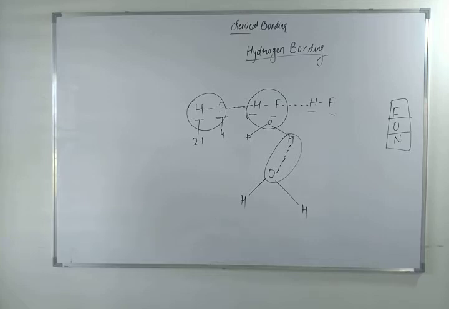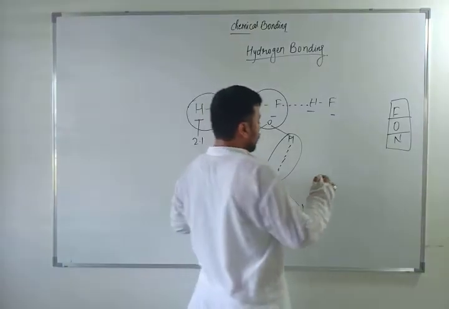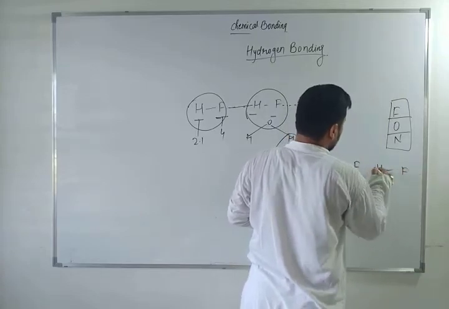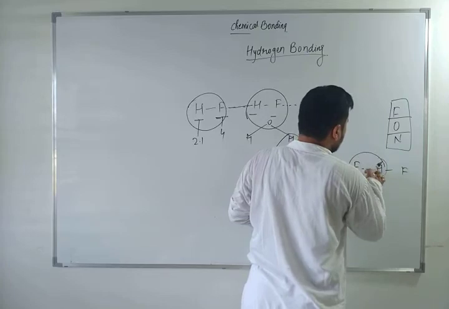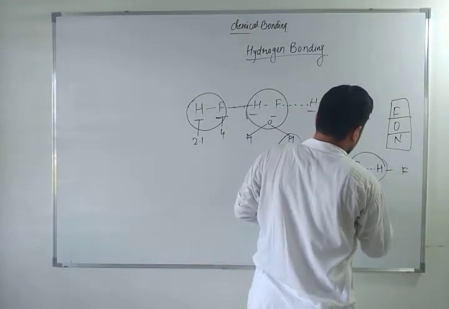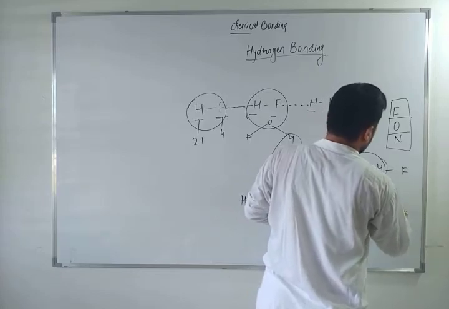Such a bare hydrogen nucleus exerts an electrostatic attraction force on the electronegative atom of the adjacent molecule. This interaction between the hydrogen atom of one molecule and the electronegative atom of the other is referred to as hydrogen bonding. As already said, there is a force of attraction between the two molecules. It is represented as this dot dot dot. This bond is called hydrogen bonding.